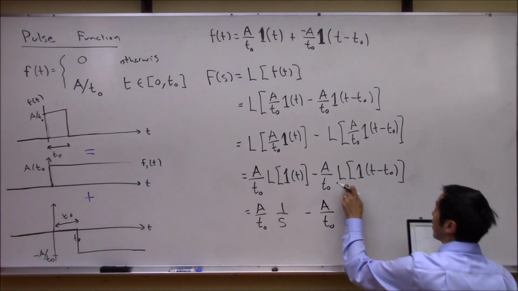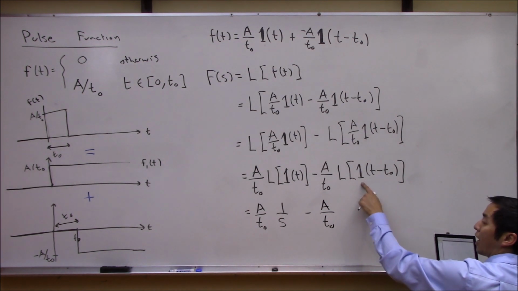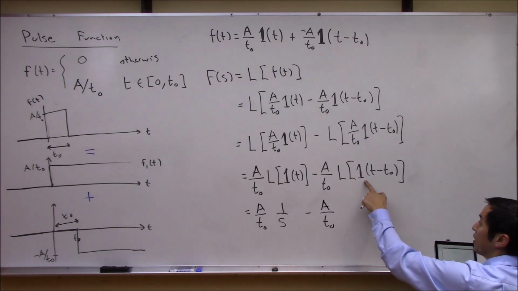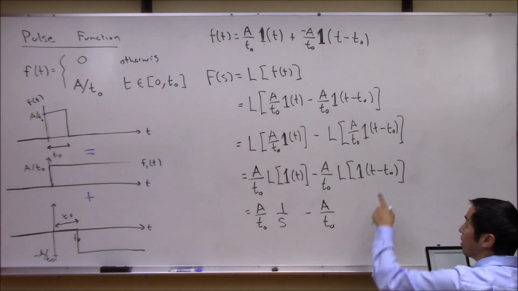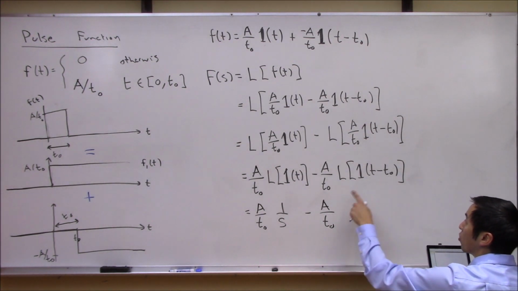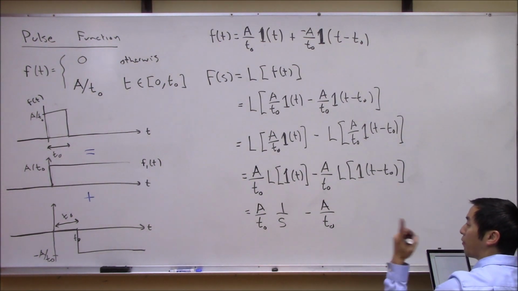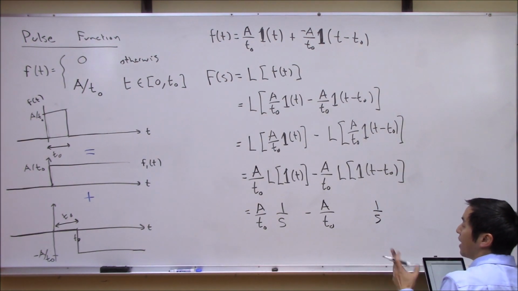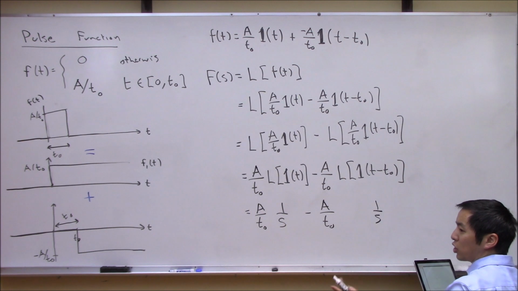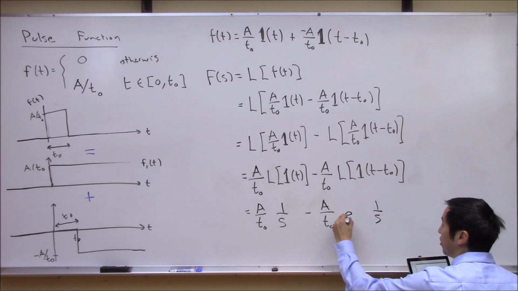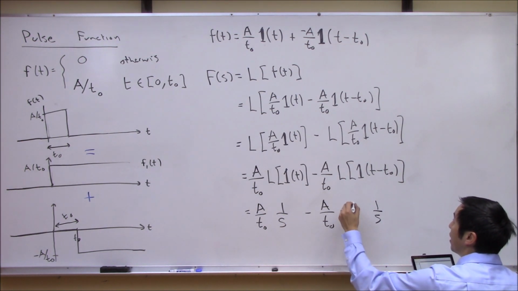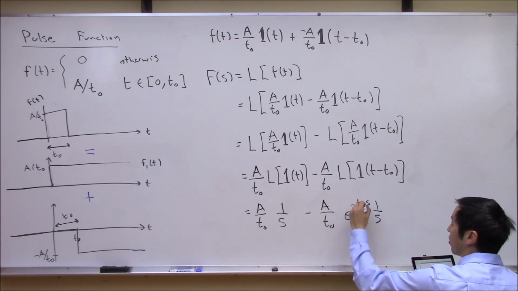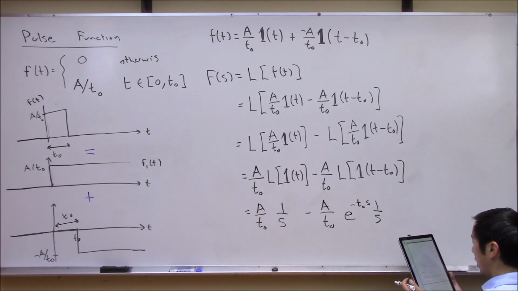Here's this. Now I got to do this Laplace transform. And again, this now is what we just talked about earlier. This is a unit step, but it is time delayed by t naught seconds. So the Laplace transform of a plain old unit step is this thing, right? And now to time delay it, we just use the expression we talked about earlier. Well, you hit this with an e to the minus t naught s, right?